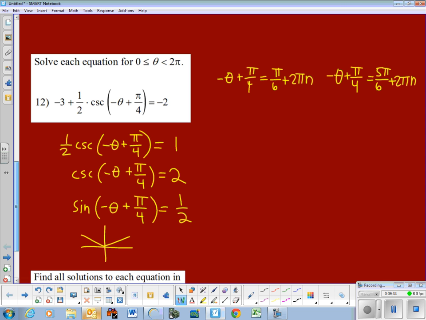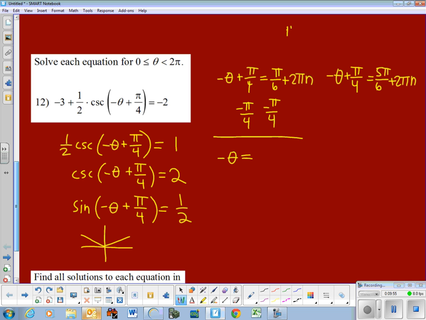All right, so now what I need to do is subtract pi over 4 here, both sides of the equation. And this doesn't apply to all parts because I'm just combining like terms. So I have negative theta equals pi over 6 minus pi over 4. I'm going to need a common denominator to add these things, which would be 12.